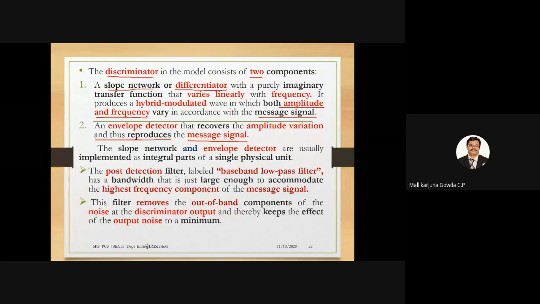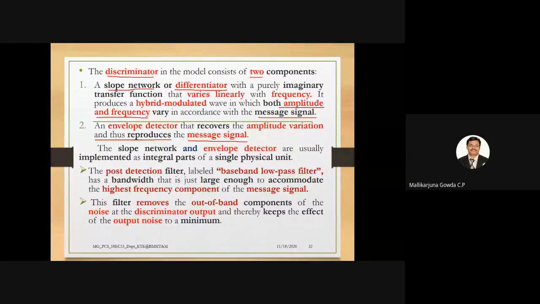So it has a slope network, also known as the differentiator, that will produce the hybrid modulated wave, meaning it has both amplitude and frequency variation. The second component of the frequency discriminator is the envelope detector that will recover the amplitude variations and produce the message signal.